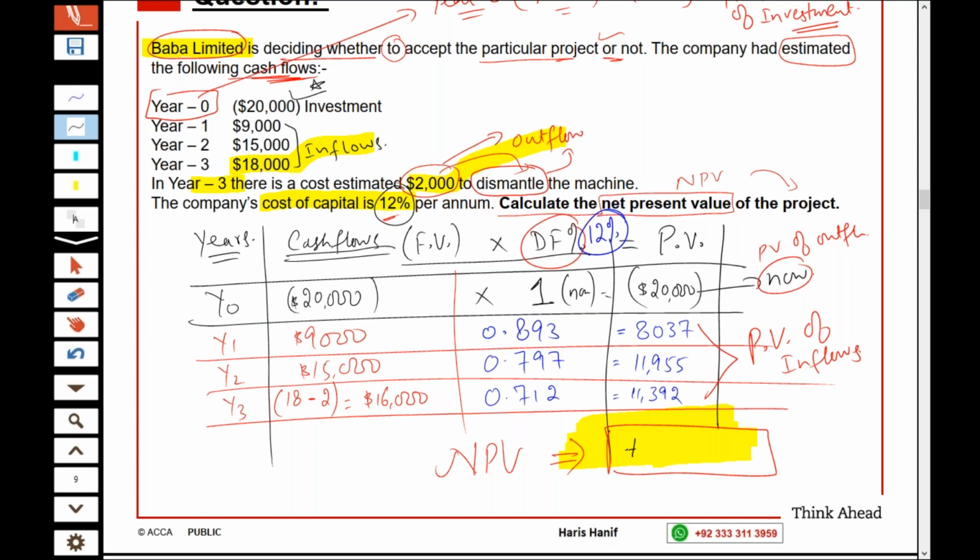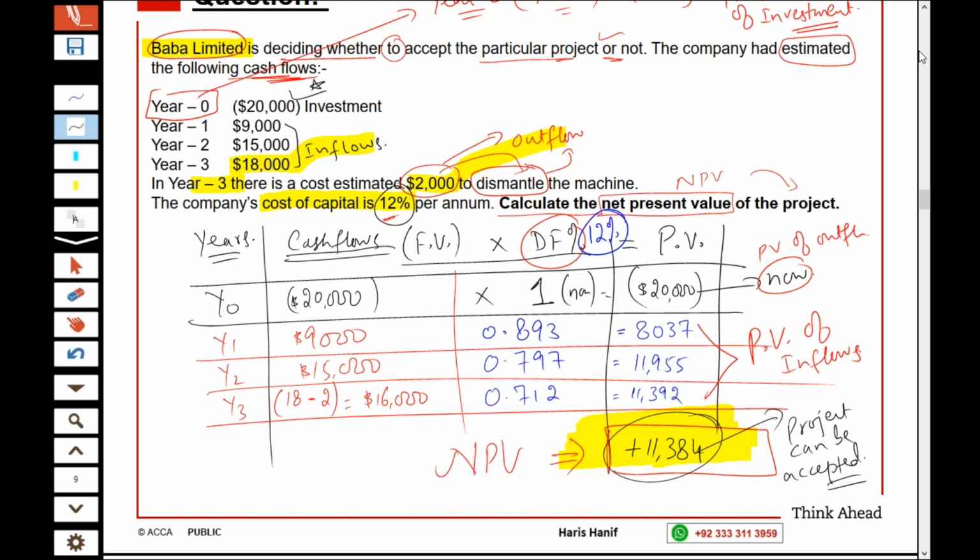That is NPV of plus 11384. That means the project can be accepted.